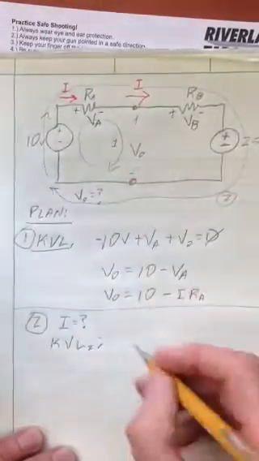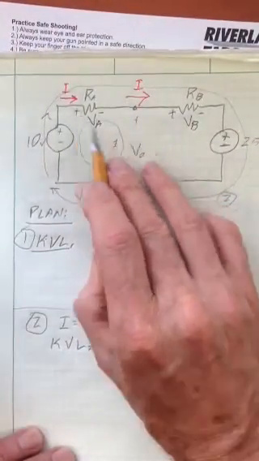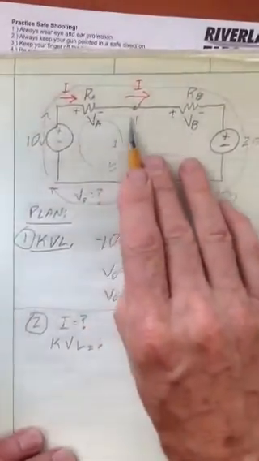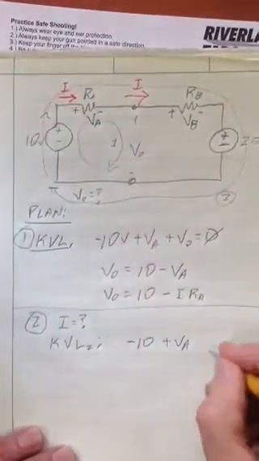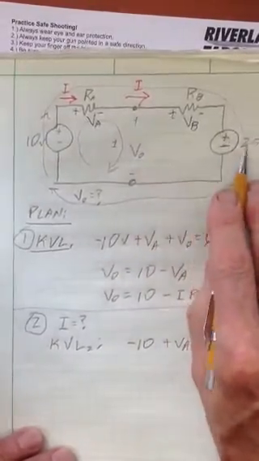We have minus 10 plus VA plus VB plus 25.